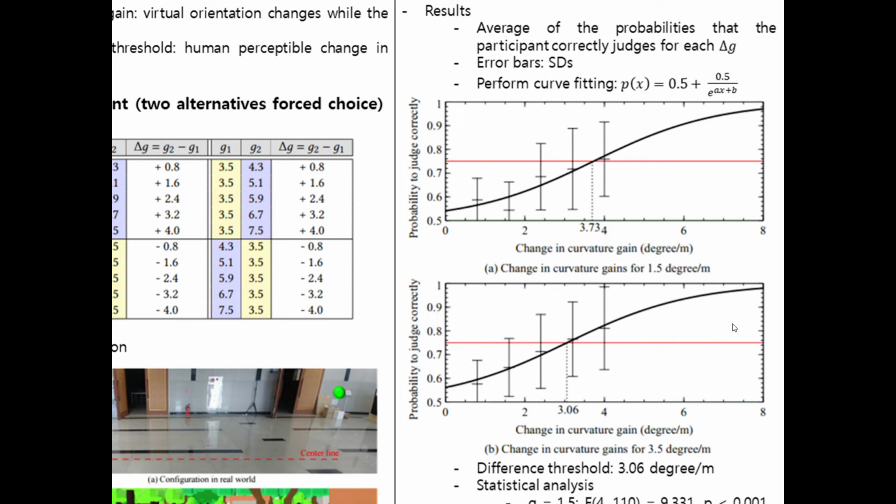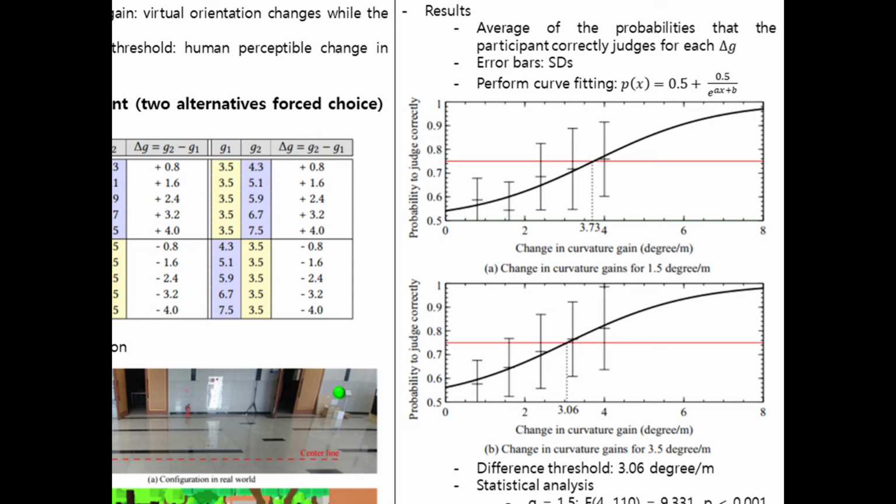That is, a value of 3.73 was derived from a curvature gain of 1.5 and a value of 3.06 was derived from a curvature gain of 3.5, respectively. And if we combine the two results to find one difference threshold, it becomes 3.06.